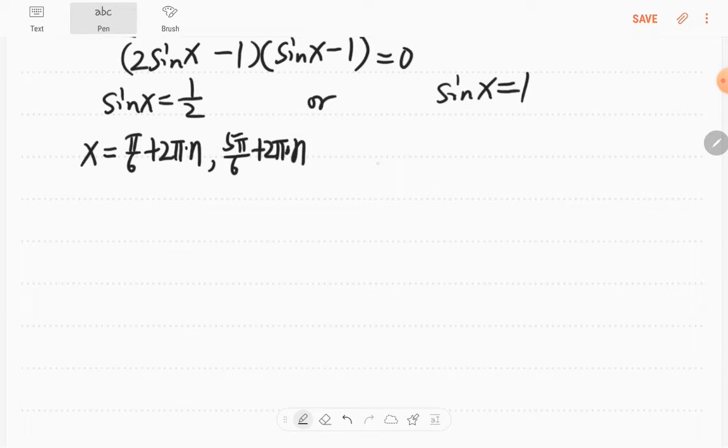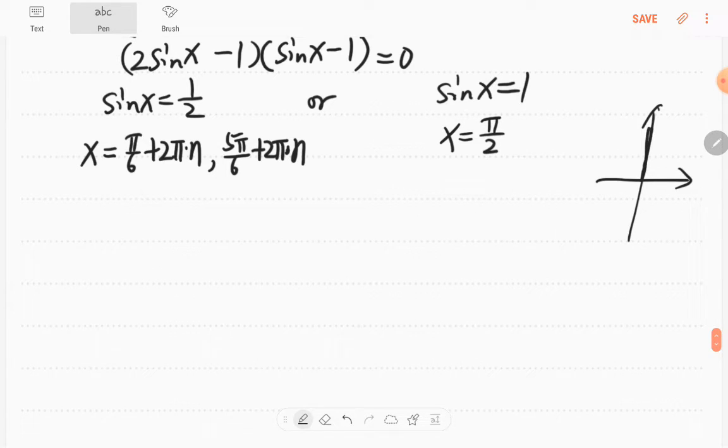And we have the general solution for this part, whose value equals, we only have one angle, right, which is the positive y-axis, sine equals 1, right? So it would be pi over 2, but the terminal side is only on here, right?